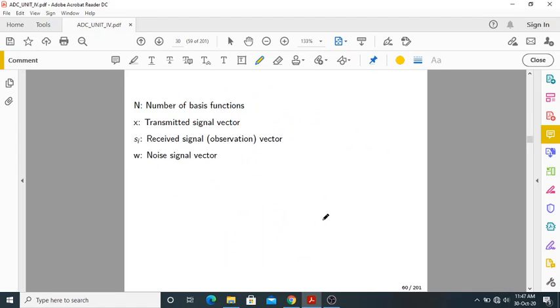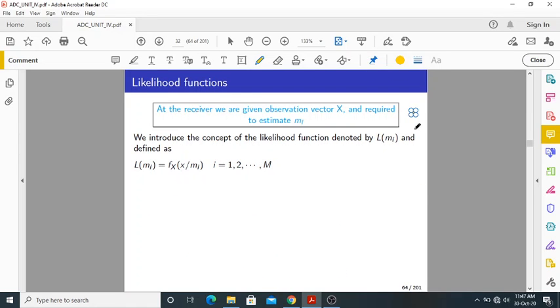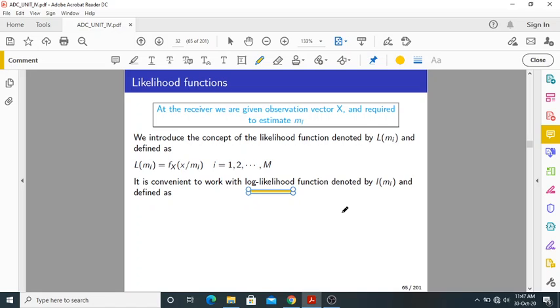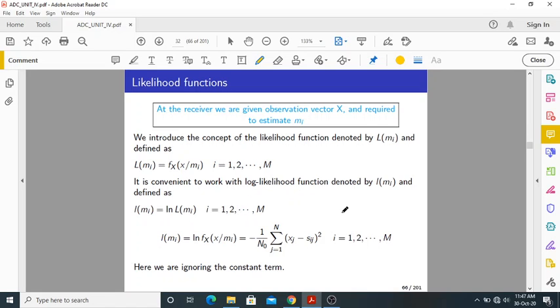To find the decoding, we need to define some likelihood functions. A likelihood function is nothing but a conditional PDF, but we take the log likelihood function, which means we take the natural logarithm of that function. So L of Mi equals the natural logarithm of this conditional PDF. Don't get confused, these things are very simple.